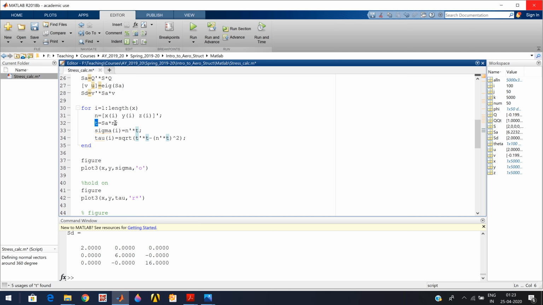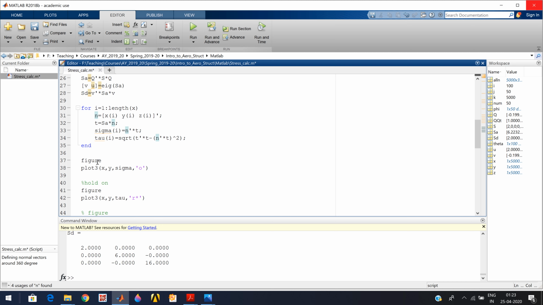I'm taking that arbitrary tensor SA, the tensor with respect to some arbitrary coordinate system, to be precise. Then sigma is n transpose t, n dot t, and tau is the square root of t dot t minus (n dot t) squared, sigma squared. So sigma and tau are calculated.